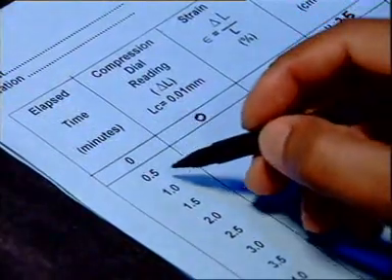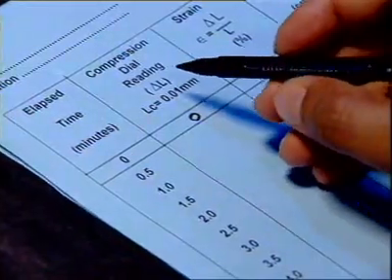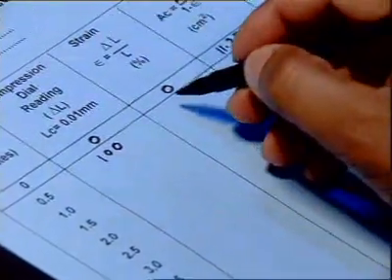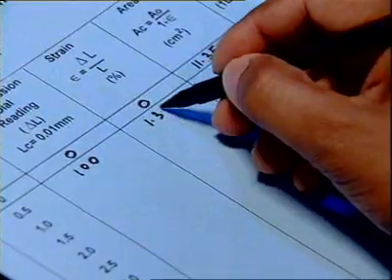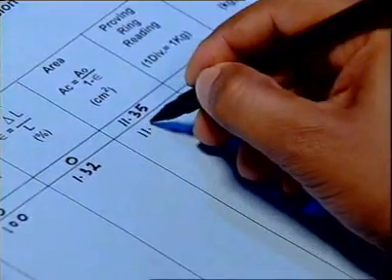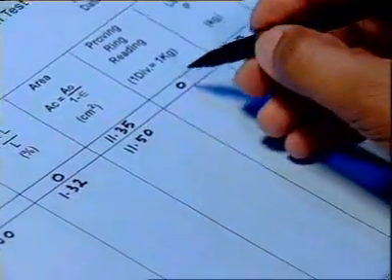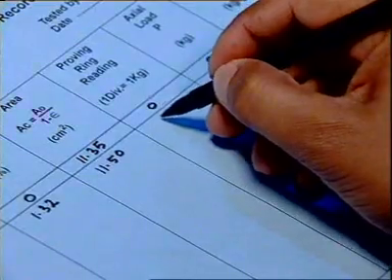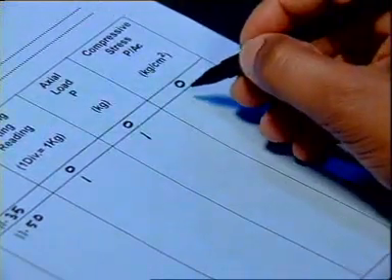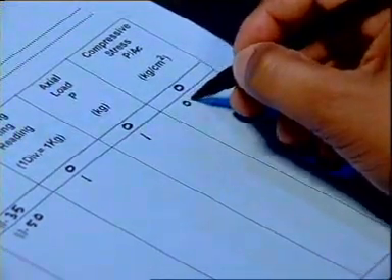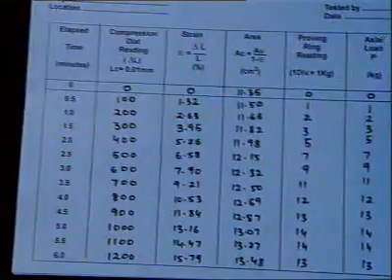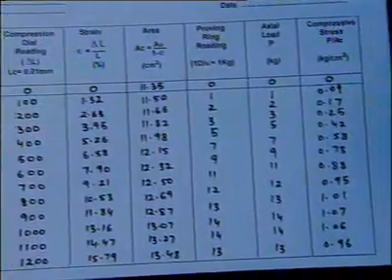At an elapsed time of 0.5 minute, the reading in compression dial is 100, strain is 1.32%, corrected area is 11.50, reading in proving ring is 1, axial load is 1, compressive stress is 0.09 kg per centimeter square. Similarly, record the other observations in the proforma.